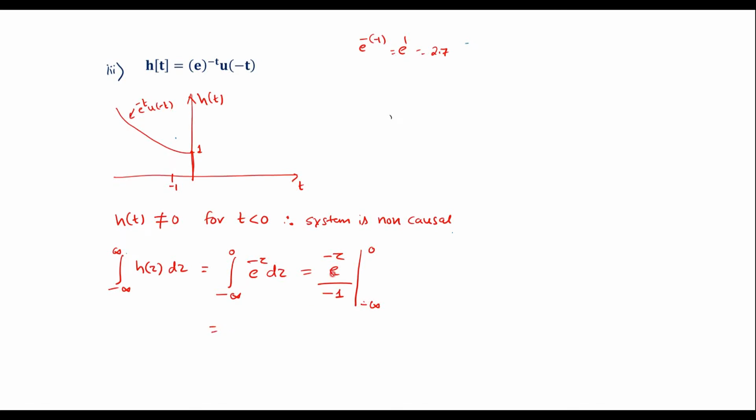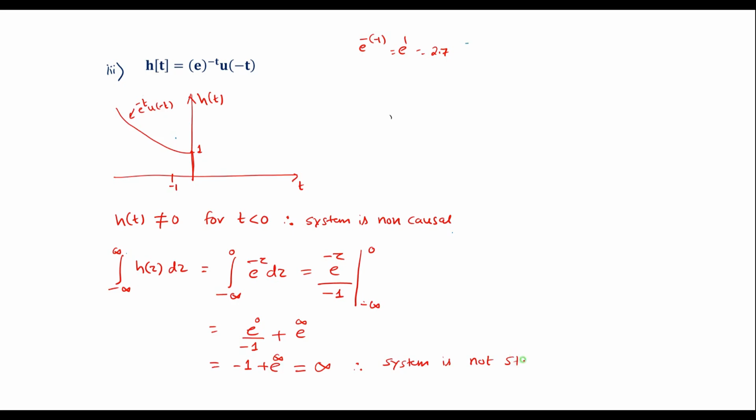So simplifying this, for tau equal to 0, it will be 0 by minus 1 plus we have e power minus of minus infinity is infinity, which is equal to minus 1 plus e power infinity, which is equal to infinity. Therefore the system is not stable.